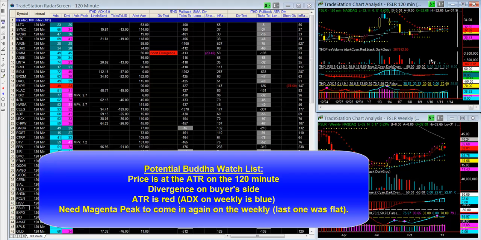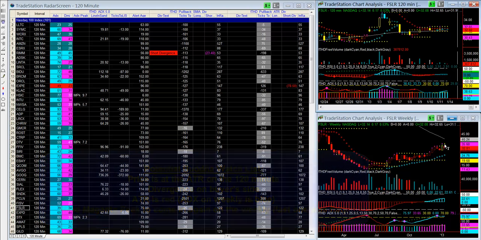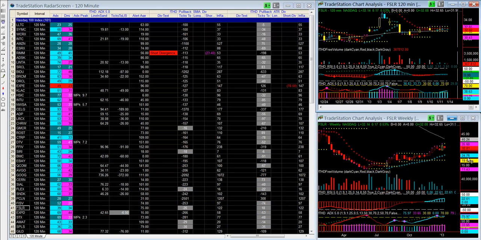Anytime the buyers are not responding, that means that price will go down. On the weekly, we could potentially have a magenta peak next week, which means the price would come down to $24.76. This is what we would call our Buddha trade. Once the magenta peak comes in here, we look for price to be at the ATR or the SMA, and that gives us a Buddha trade.